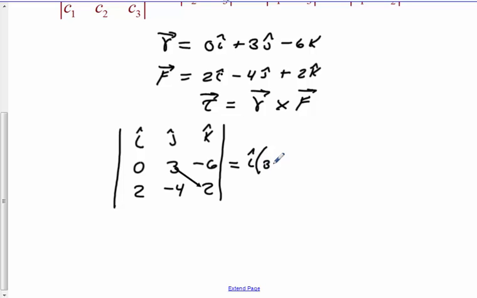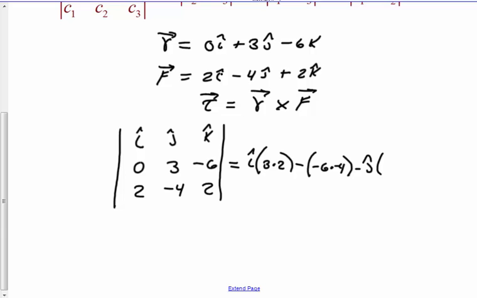So give me 3 times 2, and then you're going to subtract, coming back down the other way. Again, I hope you remember this from your other math classes. That'd give me minus 6 times minus 4. All right, now we get rid of that and get rid of that. Now remember, you're going to negate this one, so that'd be minus j hat.